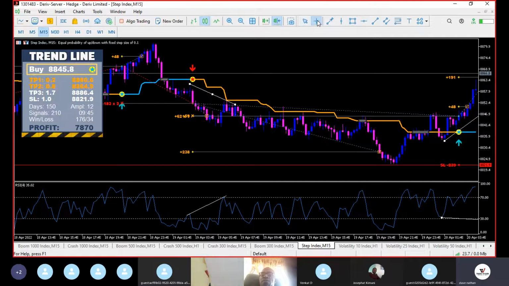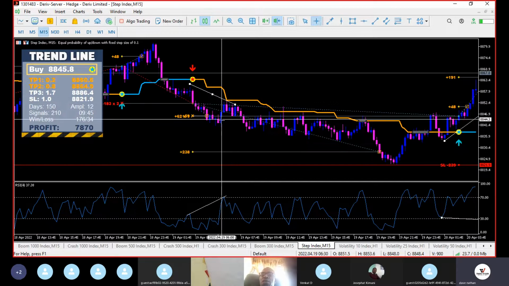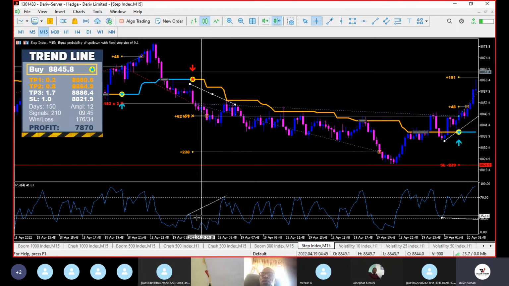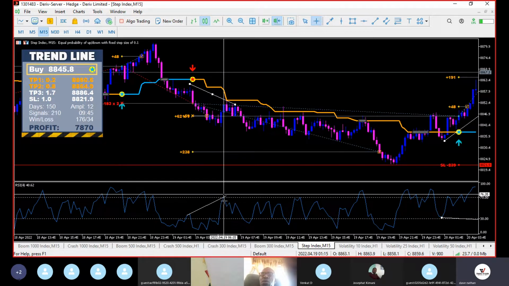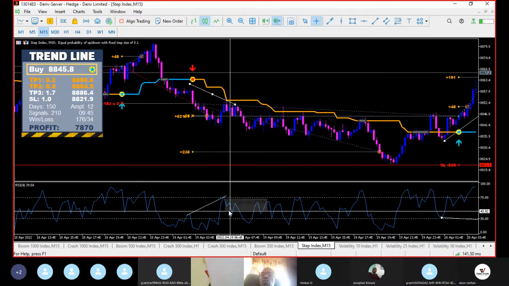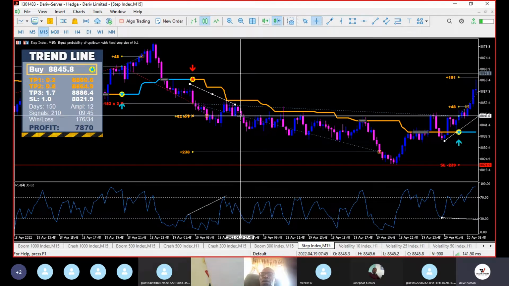So we have three confluences: dynamic resistance working for us, divergence working for us, and RSI period 4 turning downwards from the 70 level.